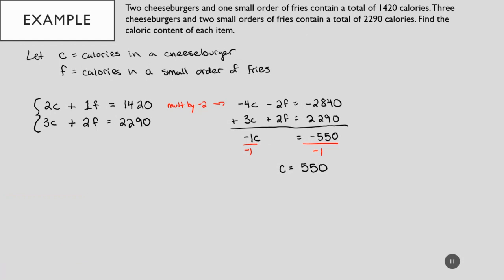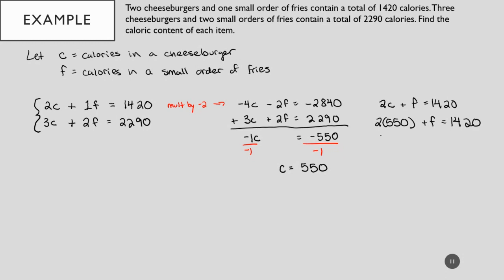So now that I've found that out, I need to know how many is a small order of fries, because I need to go back to the question. The question says, find the caloric content of each item. So I need to find for both. So I'm going to plug it into my first equation because I have one f, so that's going to make it a lot easier to solve. So I have 2c plus f equals 1420. And I replace c, so that's going to be 2 times 550 plus f equals 1420.